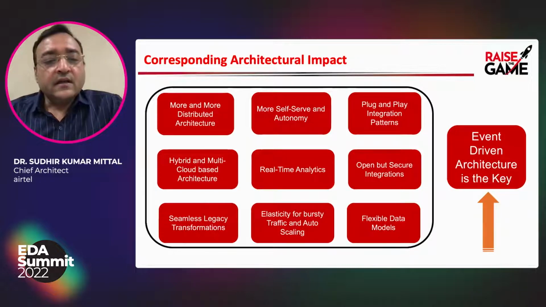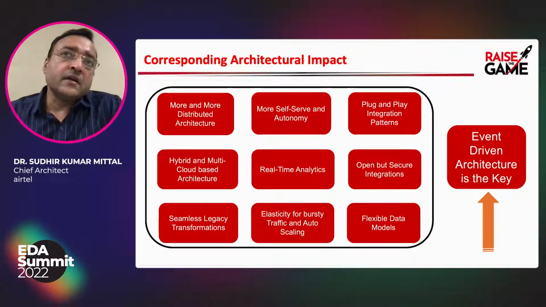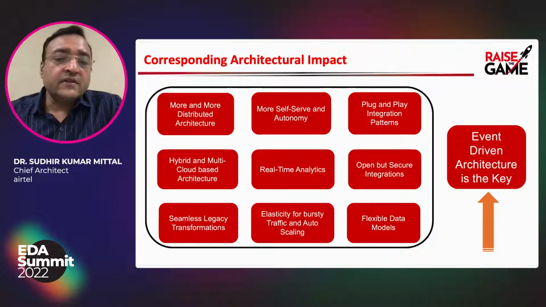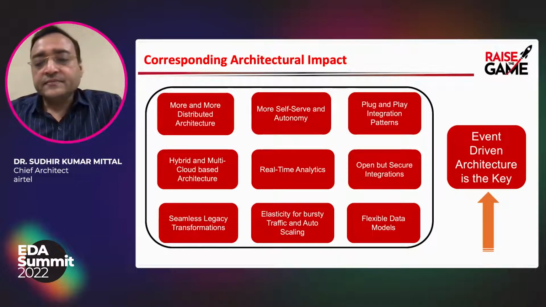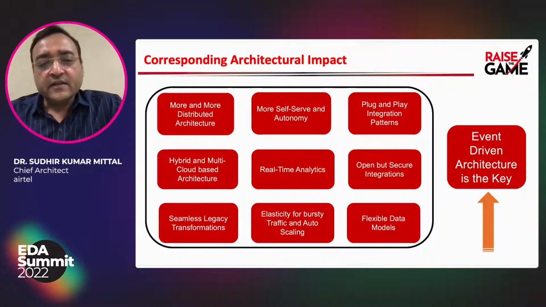And with the kind of applications we are talking about, with behavioral and social events, political events, sports events, and entertainment events happening, there is every likelihood of huge bursty traffic, and we have to build a lot of elasticity with auto scaling.